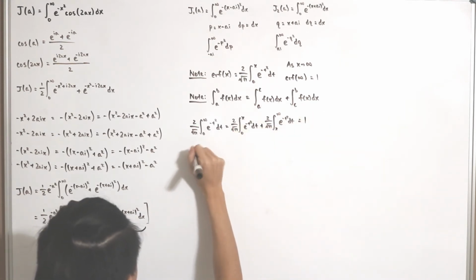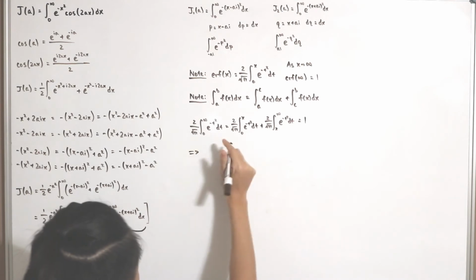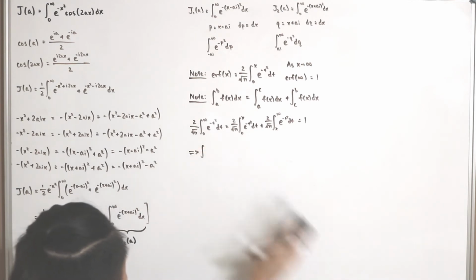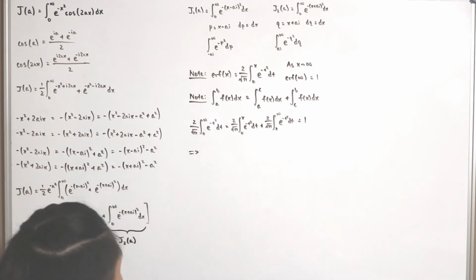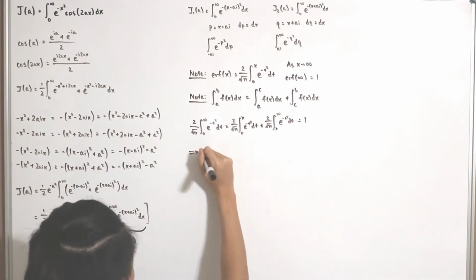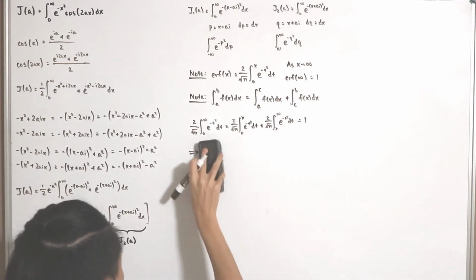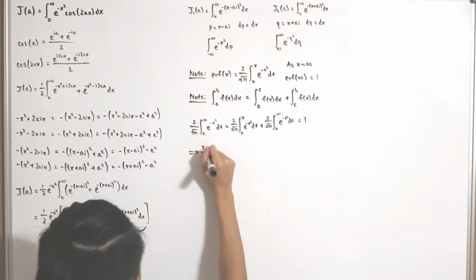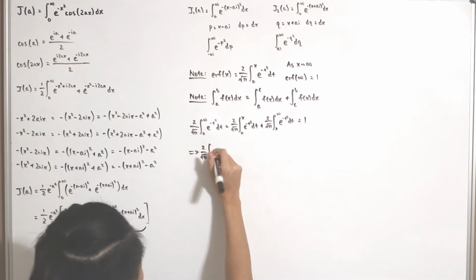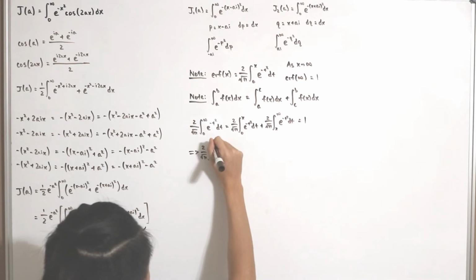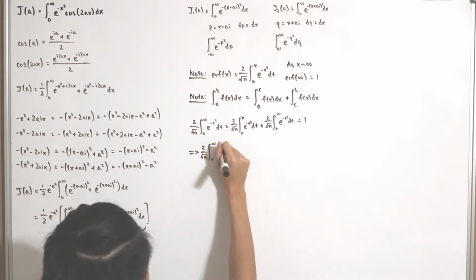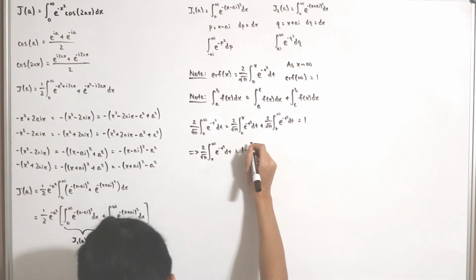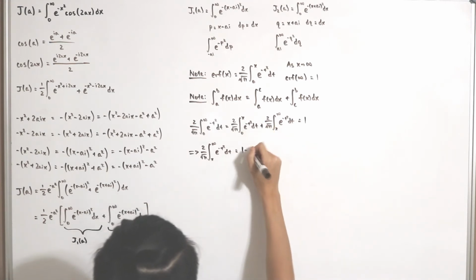So in other words, it's supposed to be 2 divided by the square root of pi times the integral from x to infinity of e to the negative t squared dt, which is equal to 1 minus the error function of x.